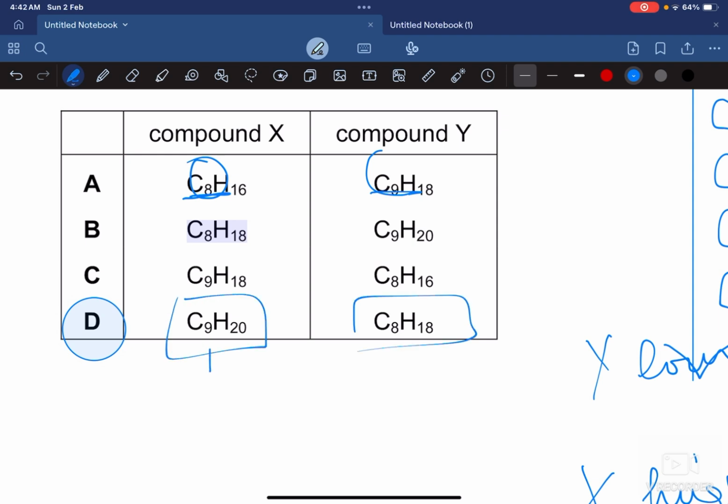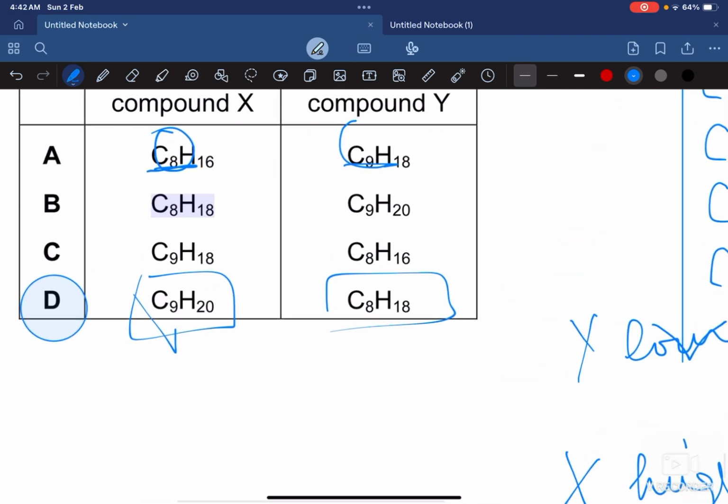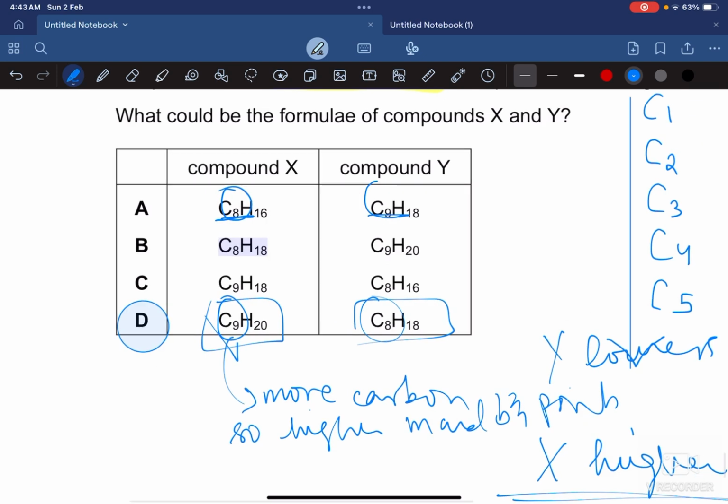And as X has a higher melting and boiling point, that means X has more carbon atoms. In X, C is 9 and in Y, C is 8. 9 means more carbon, so a higher melting and boiling point.